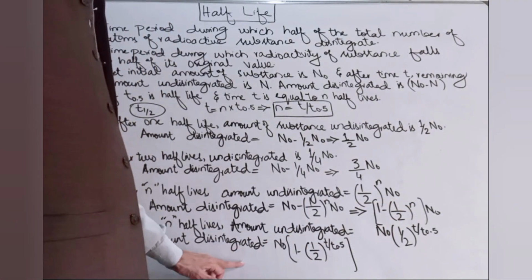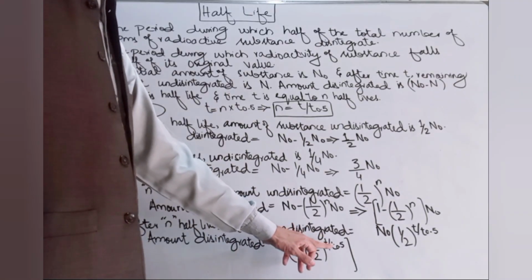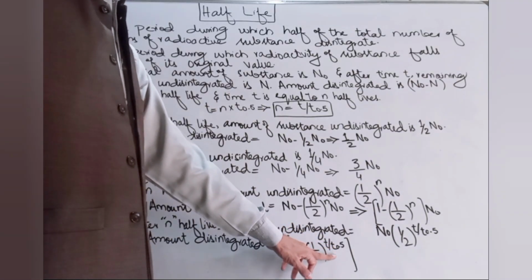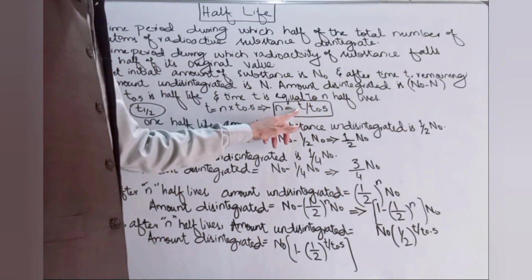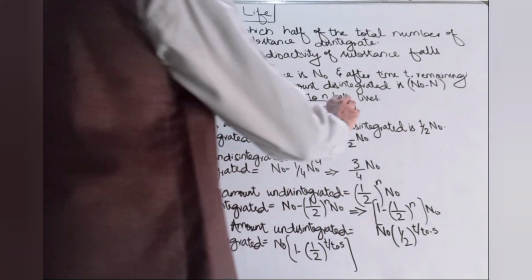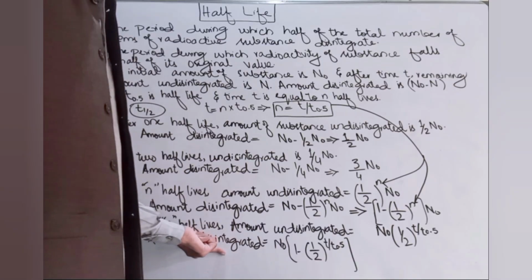So the amount disintegrated is equal to N0 into 1 minus (1/2)^(t over t 0.5). We just modified these equations by putting the value of n from this equation.